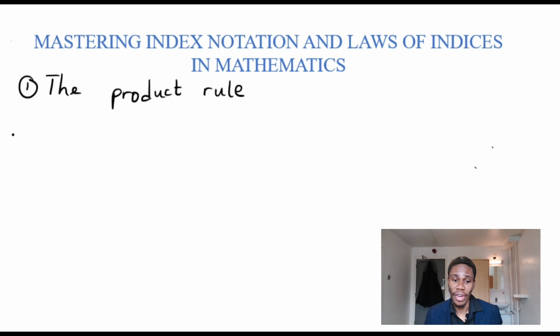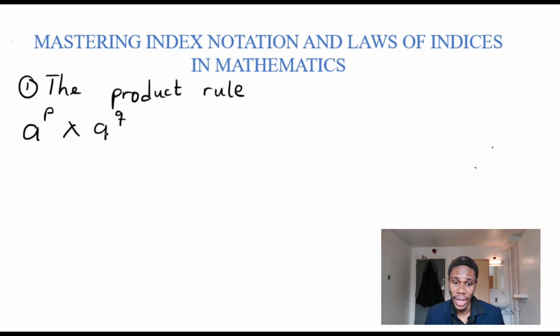When we have our variable a exponent p multiplying a exponent q, we have a as our base and it's the same a which is our base. The exponents are different. What the product rule says is if your indices are of the same base but different exponents, if they are multiplying, all you need to do is to add the exponent.